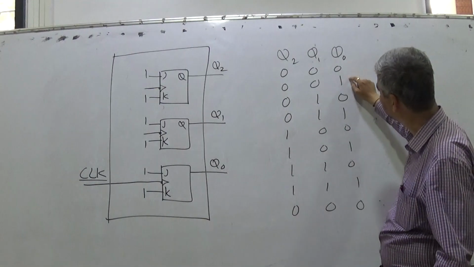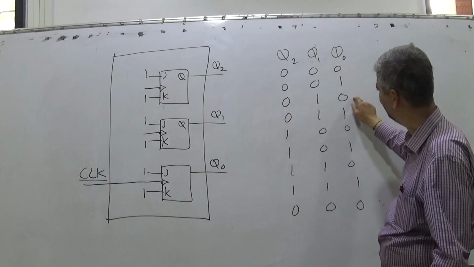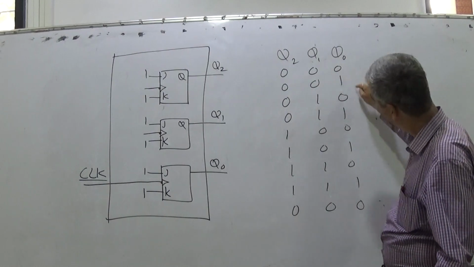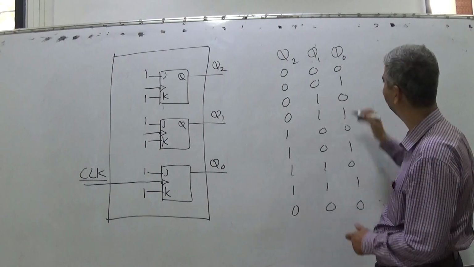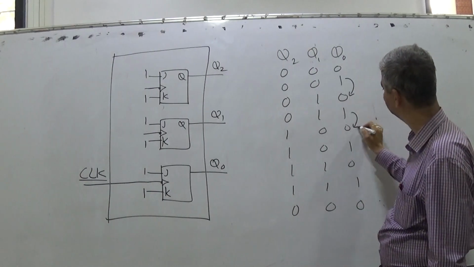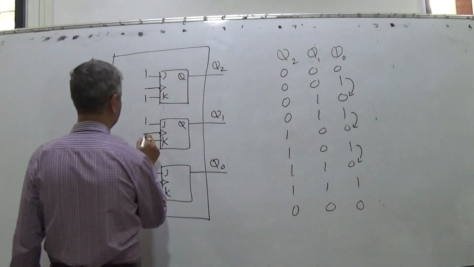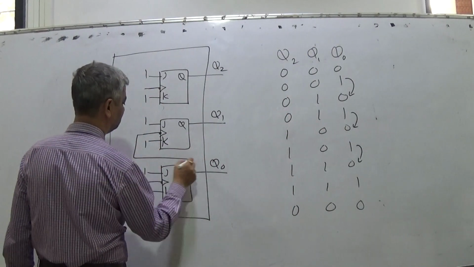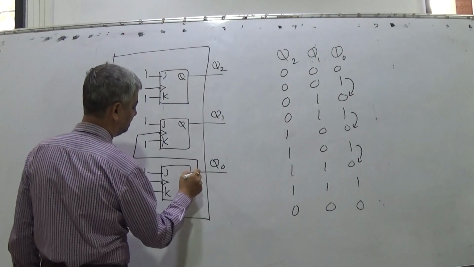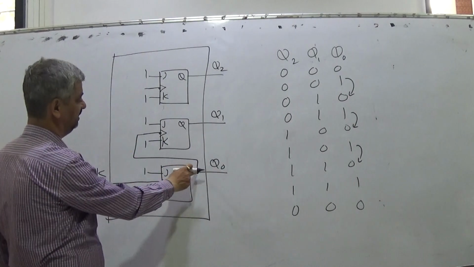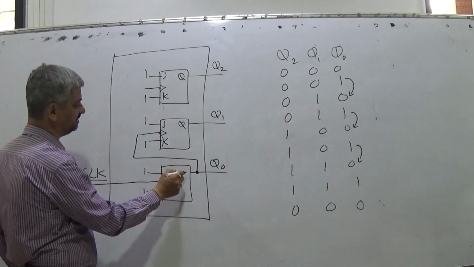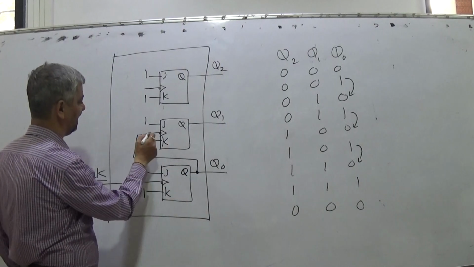In this case, this is not expected to toggle. Here it is expected to toggle. So when Q1 changes, at that time you should toggle. So the output of the least significant flip-flop is connected as the clock.